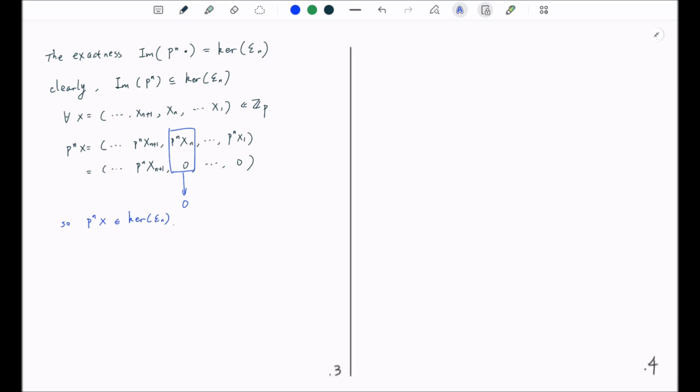And now conversely, we want to verify that the kernel is also contained in the image. We want to show that we have this containment. Suppose we have an element x that lives in the kernel.